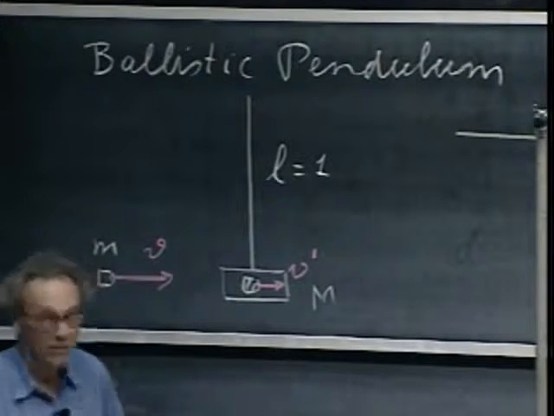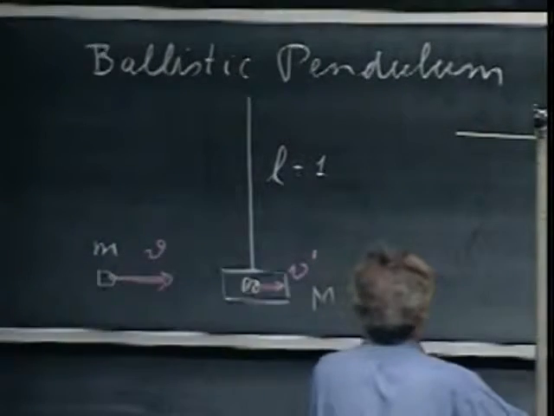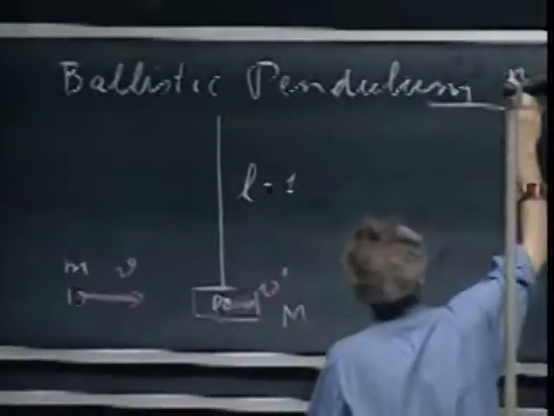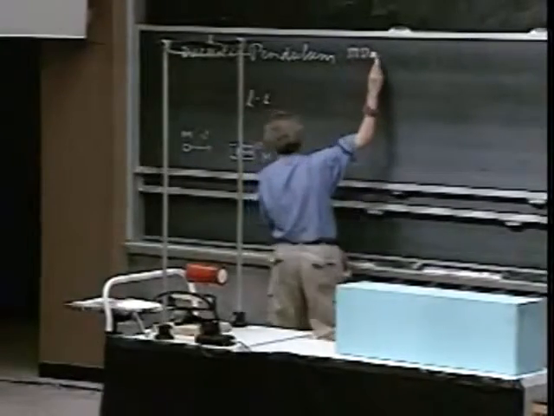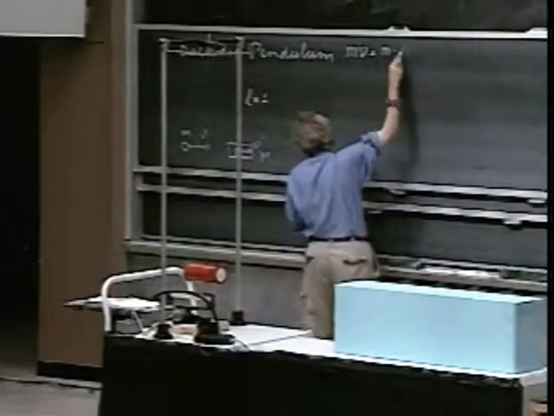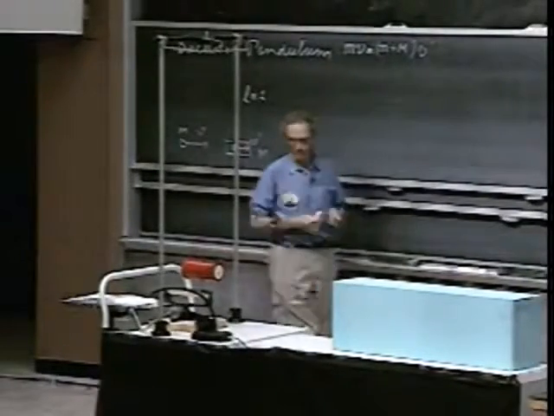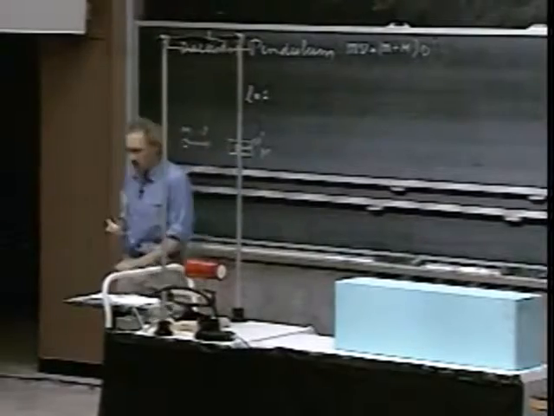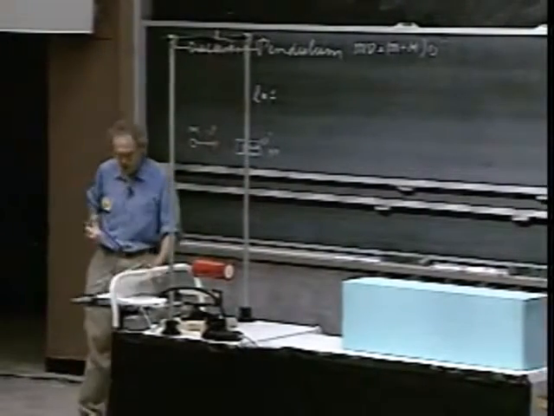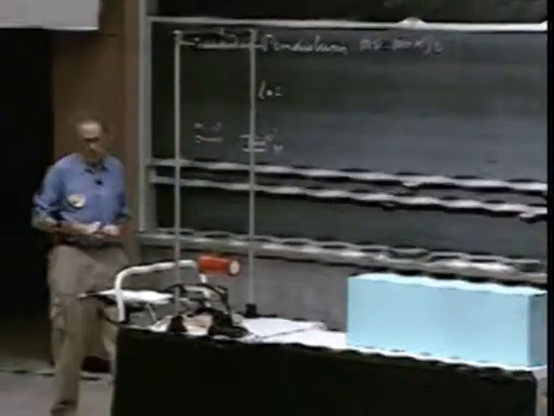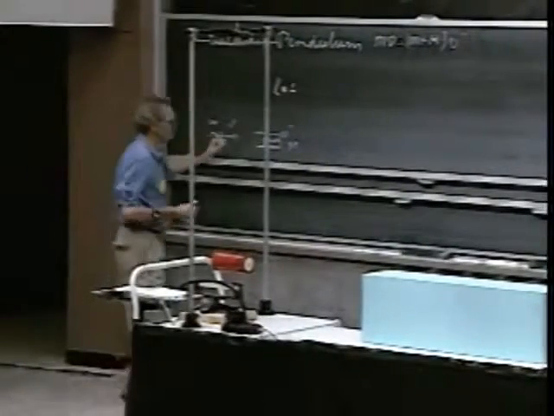Momentum is conserved, so we clearly have that mv equals (M plus m) times v prime. So if you could measure v prime, then you could measure the speed of the bullet, which is v.